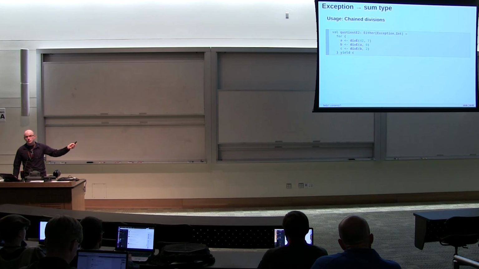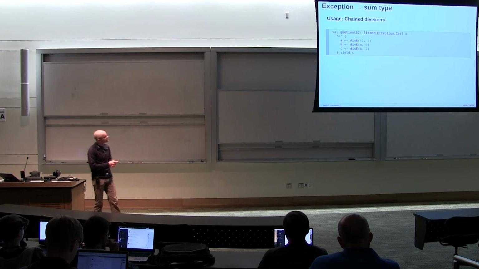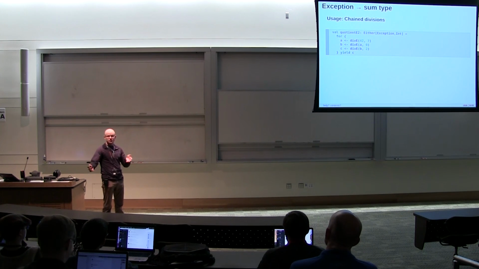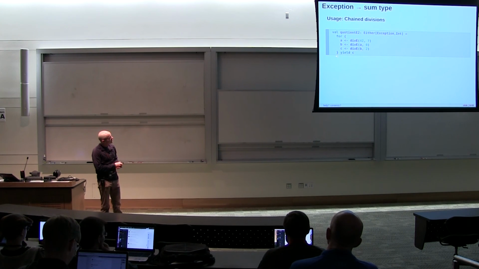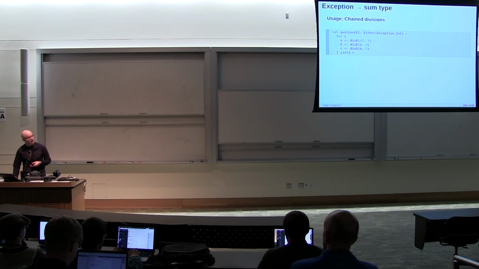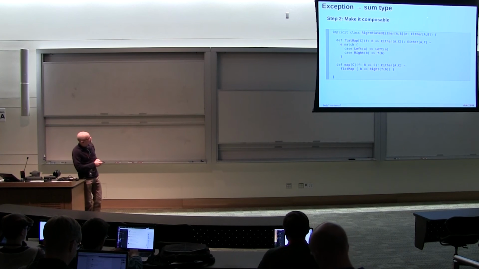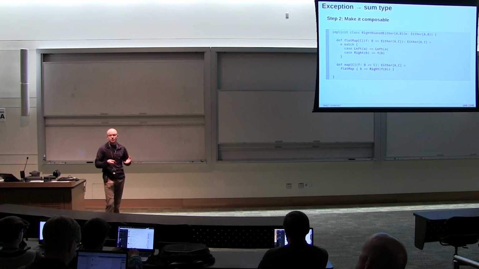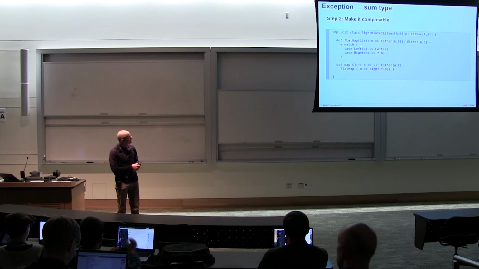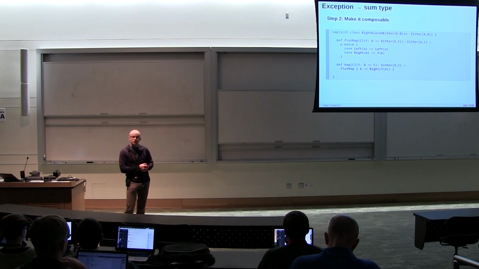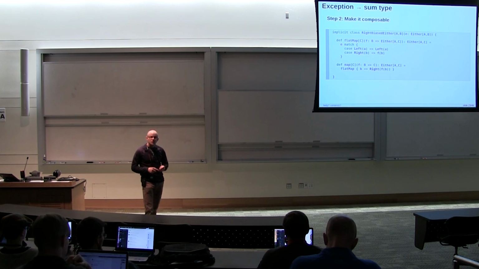Scala will basically turn this into div E 42 7 dot flat map of a function A to all the rest of this. And that function is this guy right here. That's the function that can't run if we have a left, because if we have a left, we don't do anything with that function. We're just done. Any other questions?